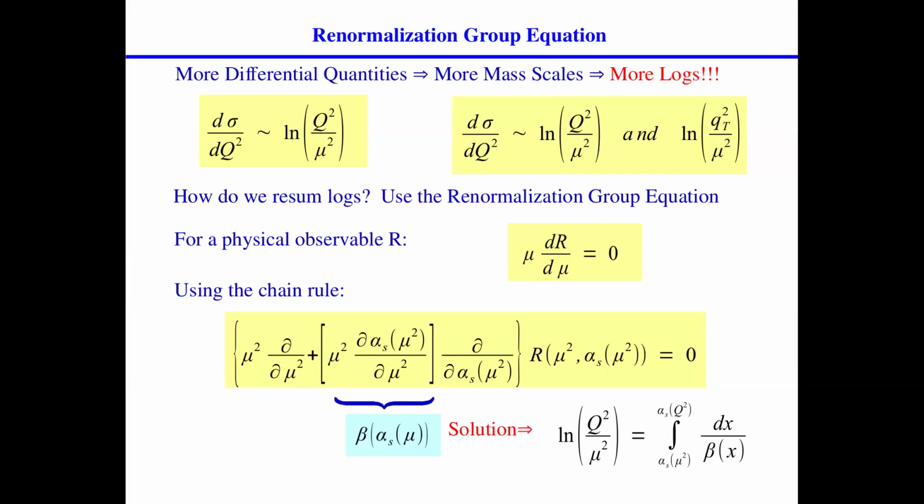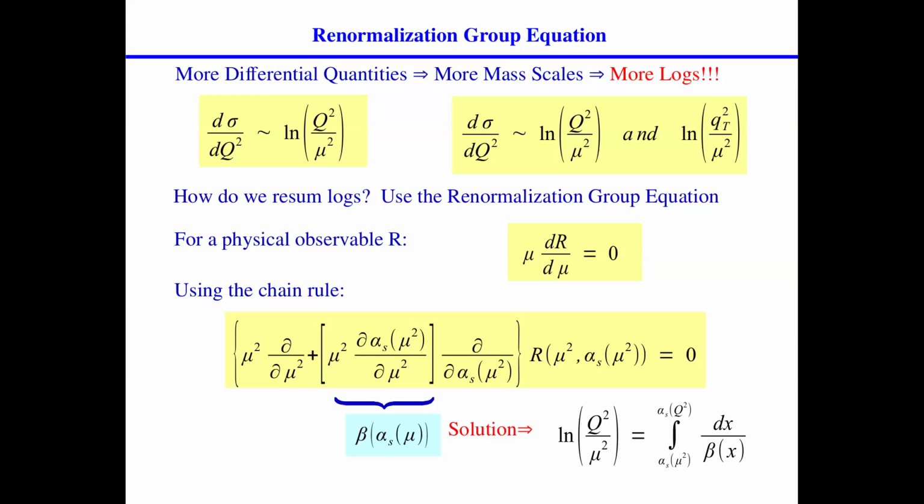So let's go back to the renormalization group equation. Basically, if I have 1 scale, say Q, and I've got my renormalization scale mu, I can make ratios like this, Q over mu. But now when I have an extra scale, Q and QT, I have 2 combinations of logarithms that I can make.